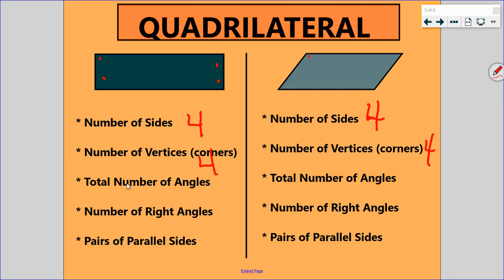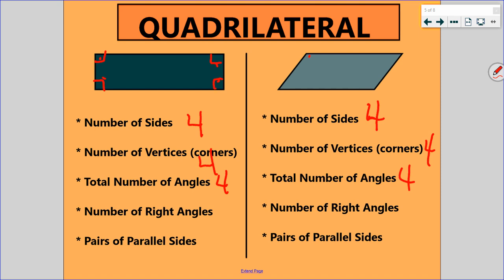How about angles? We learned a while back that however many corners we have is how many angles we have. So both of these shapes, again, have 4 angles because there are 4 corners. But let's talk about right angles, like the corner of a piece of paper. That's a right angle, that's a right angle, that's a right angle, and that one's a right angle.